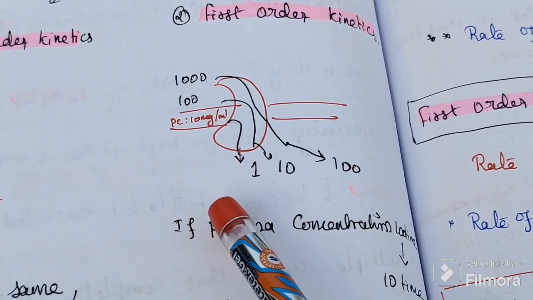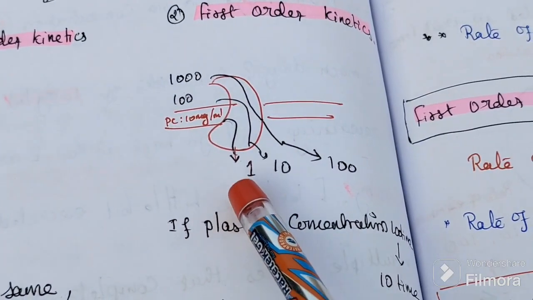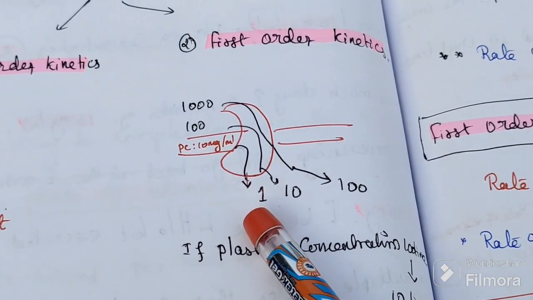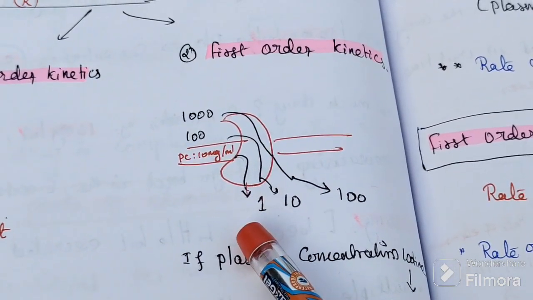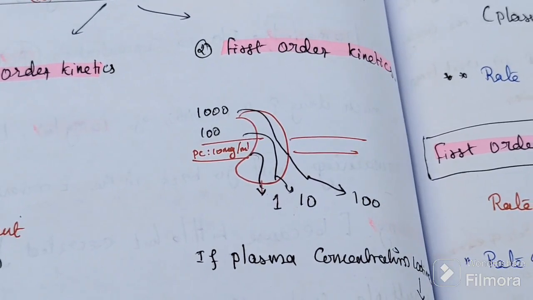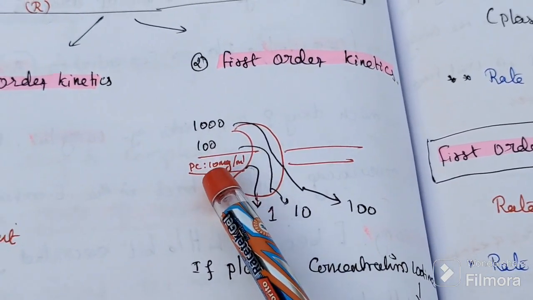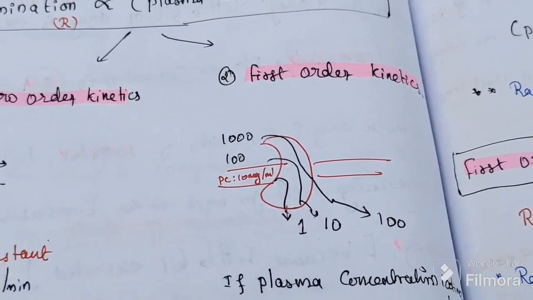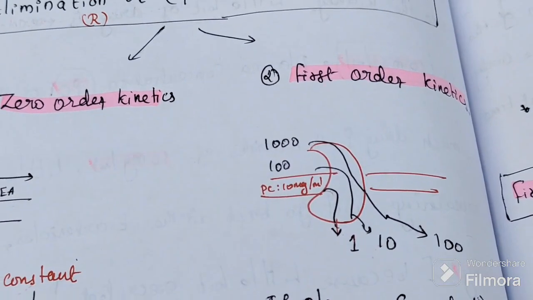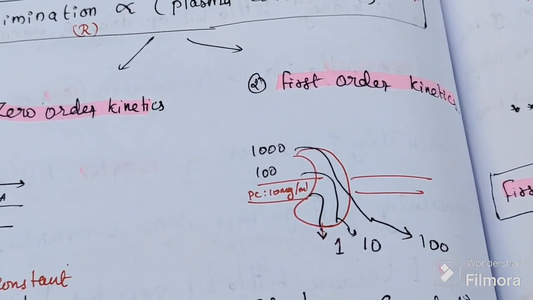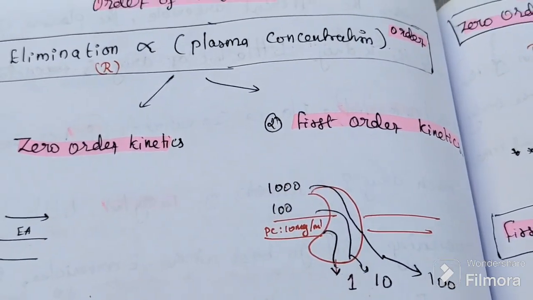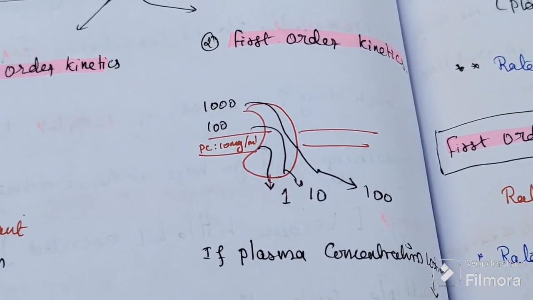Every minute the human excretes 1 microgram per unit of time. Our blood contains 10 and 1 microgram is excreted in urine, but instead of 10, if our blood contains 100 or 1000, what is the rate of elimination?